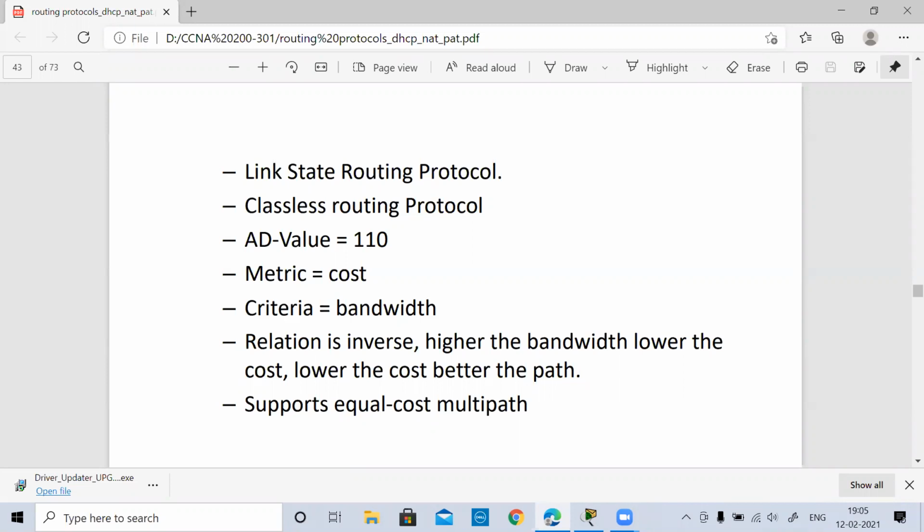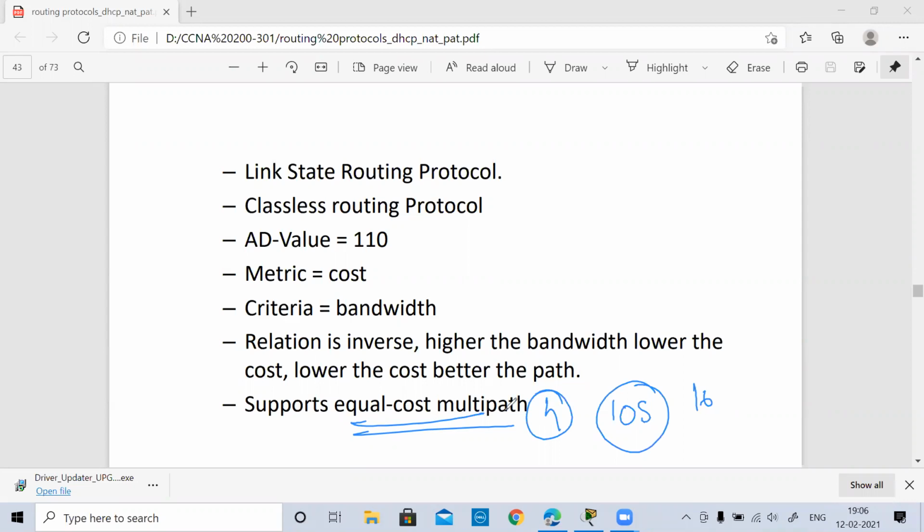Remember, how many equal cost multipaths you have is subject to your IOS. With higher versions, if the version is 15 and above, it may support a maximum of 16 equal cost multipath. In a normal manner, you will find that 4 equal cost multipath is supported.